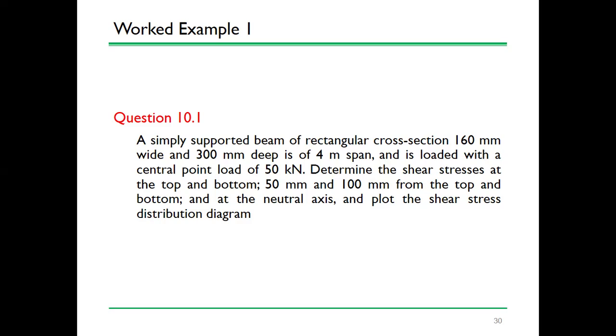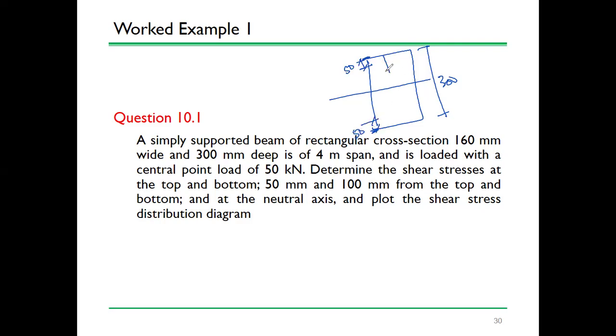Okay. So the important point now is we have been given a rectangular cross section. This is 300. And they say we should determine at the top and bottom. That's number one. We are to determine 50 from here, and then from here 50.